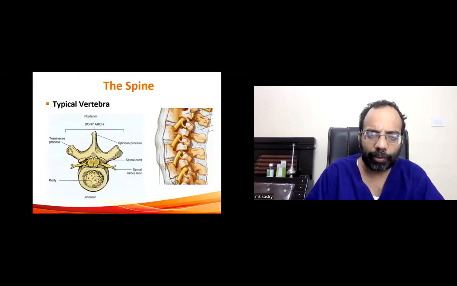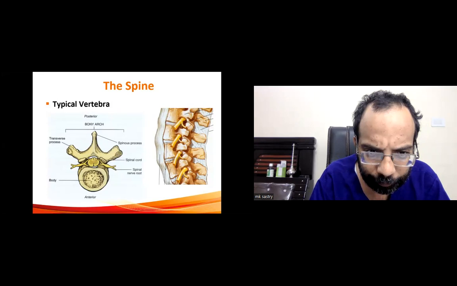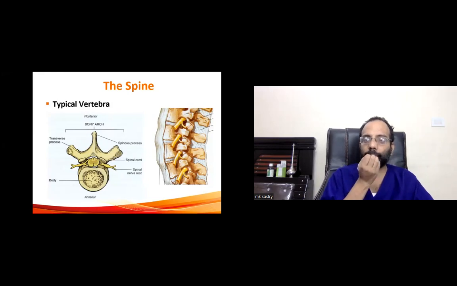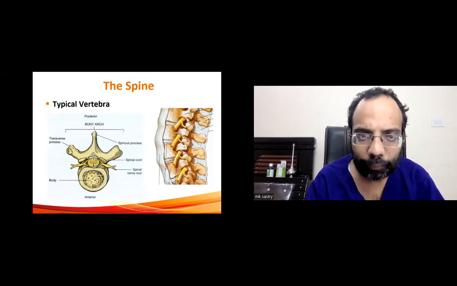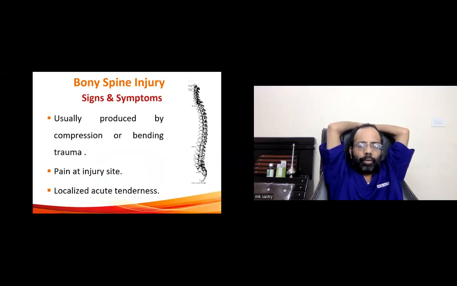This is a typical vertebra of the spine. Here you can see the nerve compression. Bone and spine injury, you can understand it is called cervical spine injury.